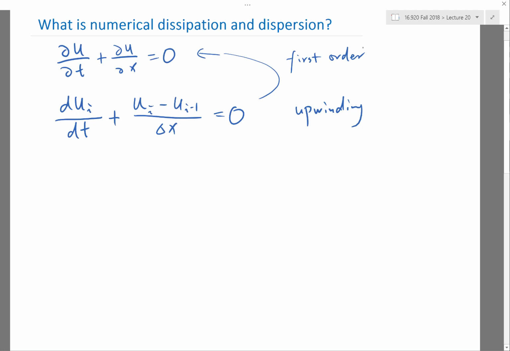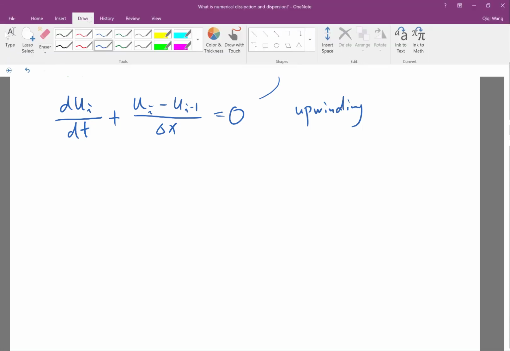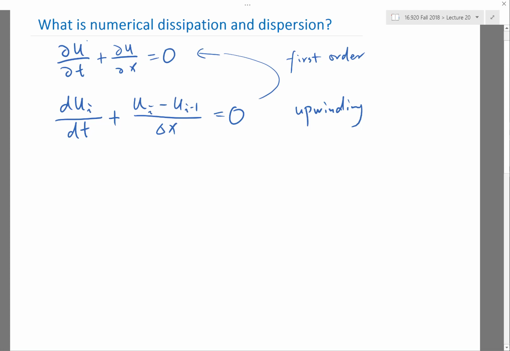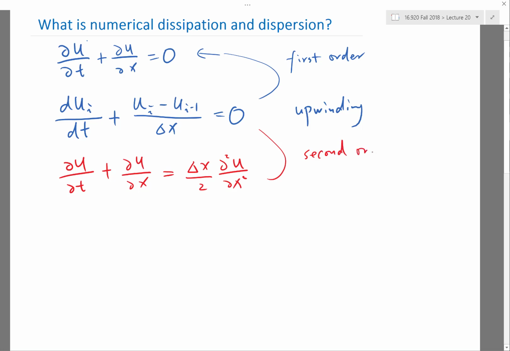But through a Taylor series analysis, we can find out that the numerical scheme is actually an even more accurate discretization of a modified equation. It is a more accurate discretization of the equation that I'm going to write below, equal to delta x divided by 2 times the second-order derivative of u. So it is at least a second-order discretization of this equation.